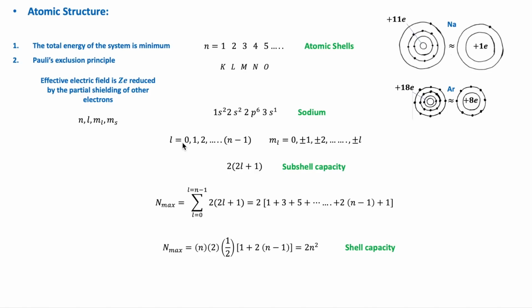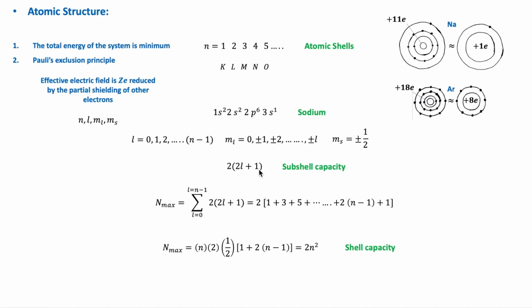There are 2L plus 1 different values for ml, because ml can have these values for a certain L. And for each value of ml, the spin magnetic number ms has 2 possible values, plus or minus half. And so each subshell can contain a maximum number of electrons of 2 times (2L plus 1).